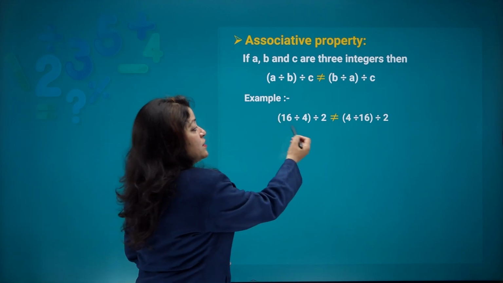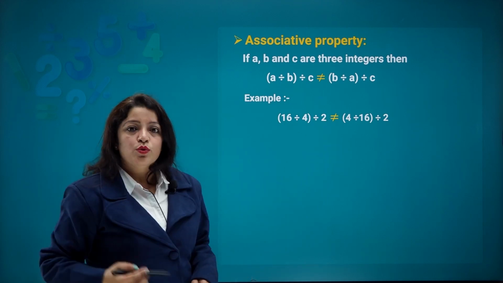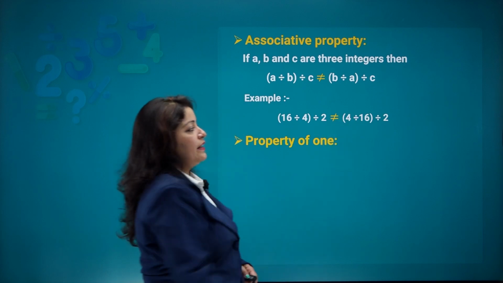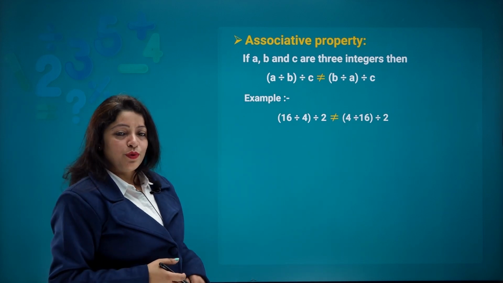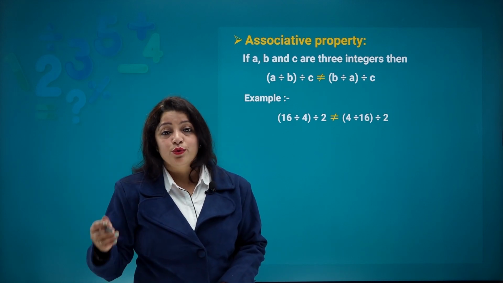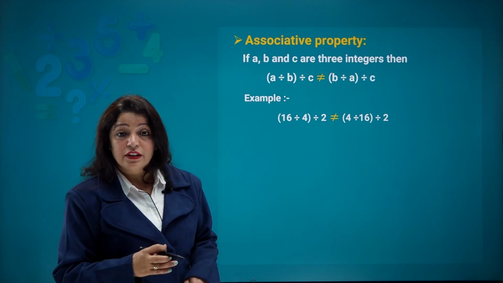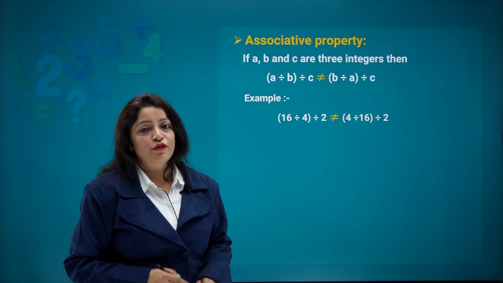This gives you 4 as a result and 4 divided by 2 you get 2. But here if I group differently, this is 1 upon 4 and divided by 2, again I will not get the result as 2. We will learn in the next chapter, fractions also, how to do division of integers. But to make it very clear, in short, we cannot use associative property here for division of integers.